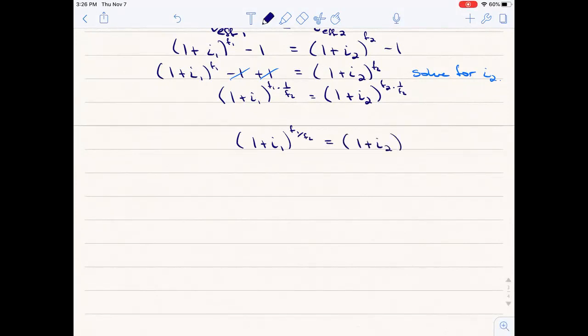Because F2 over F2 is 1, so now I've got a power of 1. Solving for I2 and doing my switcheroo in the same move, I2 then must be 1 plus I1 to the power of F1 over F2 minus 1.